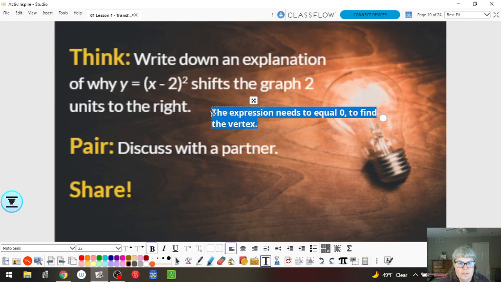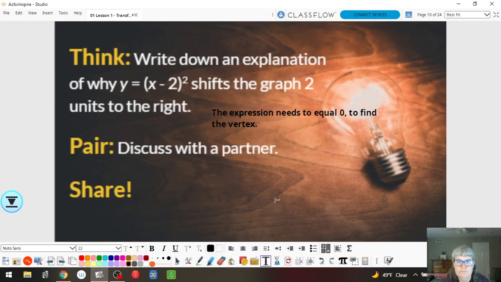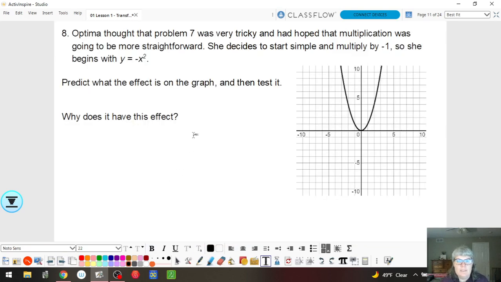And I'll change this to black to make it easier to read. That was what we came up with. One last thing to be looking at.